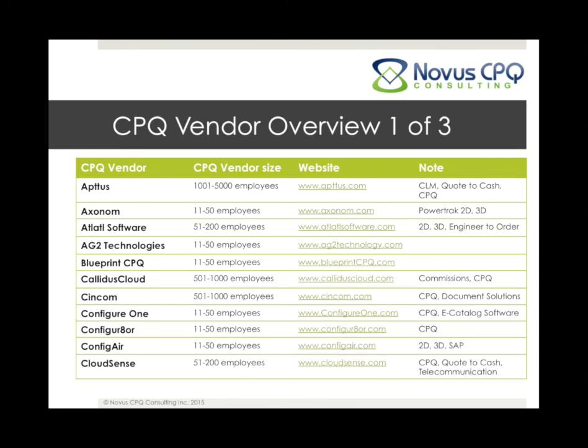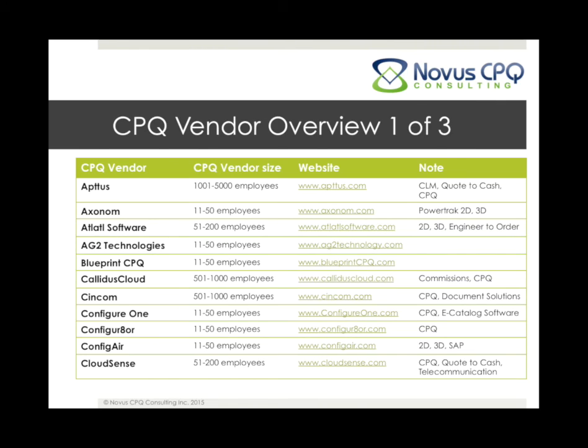But if you have a large solution, you have certain requirements, I would suggest to keep that in mind to make sure that the solution can be appropriately supported for what you want to do with it. Another thing you may want to keep in mind, you will see that as we go through, different vendors are placed in different regions.